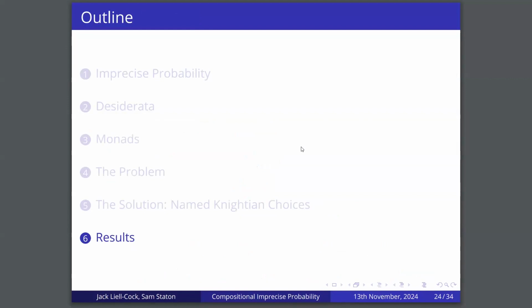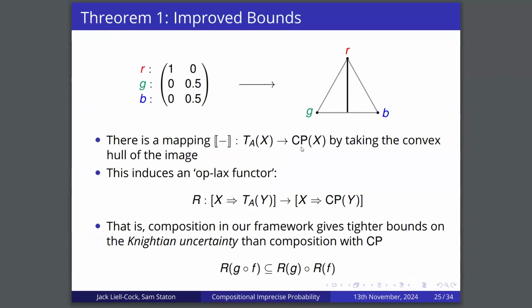Okay, so what results have we actually shown about our construction? First of all, as alluded to earlier, there is a mapping which takes an element of our monad, T_A X, into the convex power set monad. And that's represented by this picture at the top here.